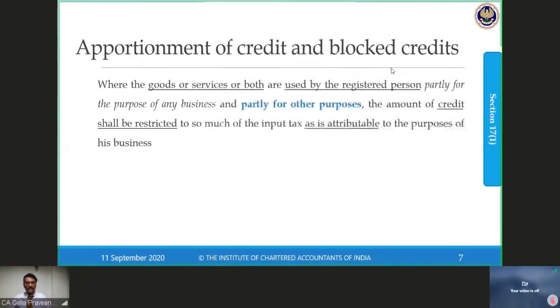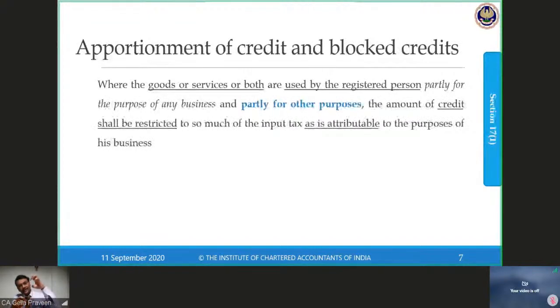Moving further, section 17 subsection 1, which talks about apportionment of credits and blocked credits. Friends, as I said, section 16 talks about eligibility of input tax credit. On similar lines, this section 17 very beautifully says goods and services are both used by the registered person partly for the purpose of business and partly for other purpose.